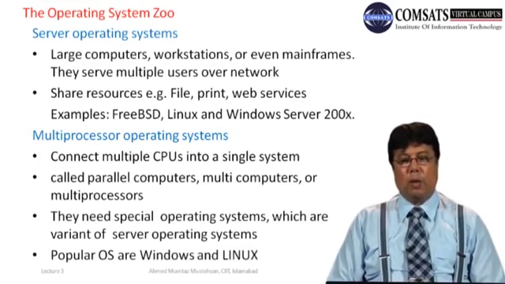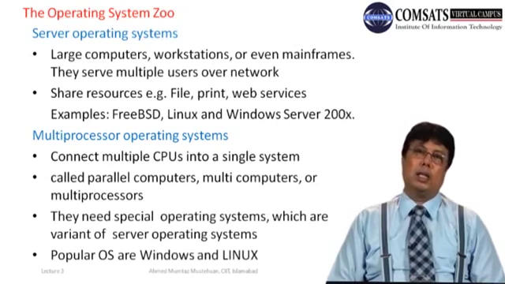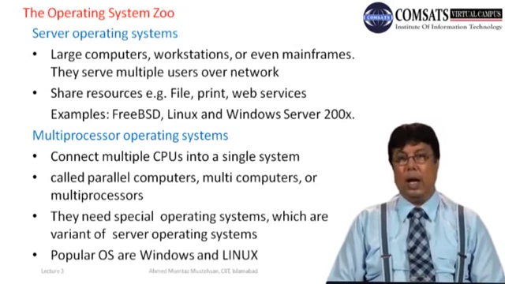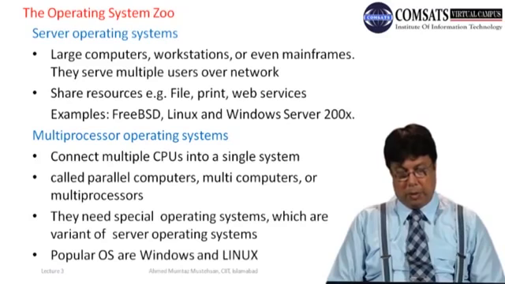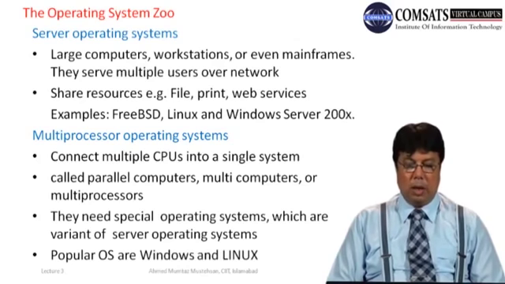Then there is the multiprocessor operating system. Multiprocessor operating systems are based on the concept in which we connect multiple CPUs in a single machine. एक computer में multiple CPUs available हो सकते हैं. We may call it parallel computing, or we may call it multi-computers or multiprocessors.